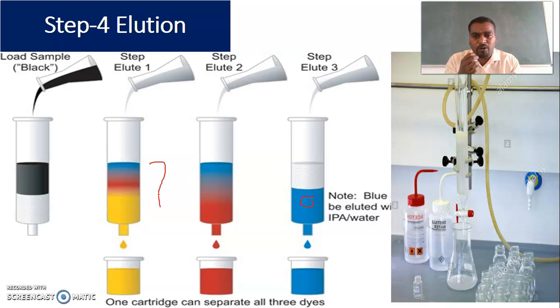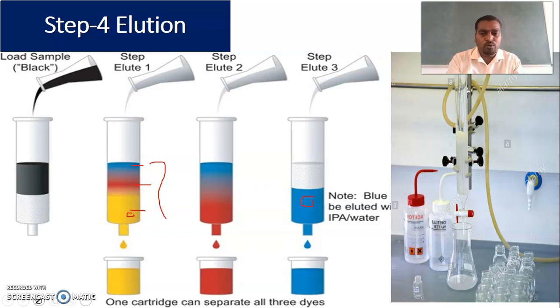In this chromatogram, the yellow analyte is loosely held, so it is at the bottom of the column, and the blue one is at the top because it is strongly absorbed to the stationary phase. That's why on elution, yellow comes first, then red, and then blue.